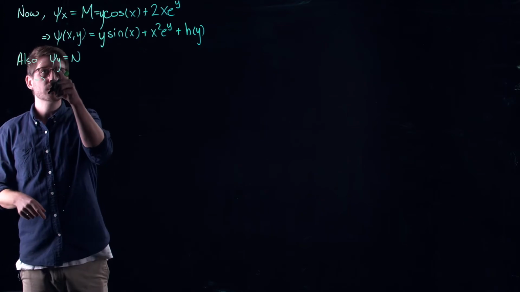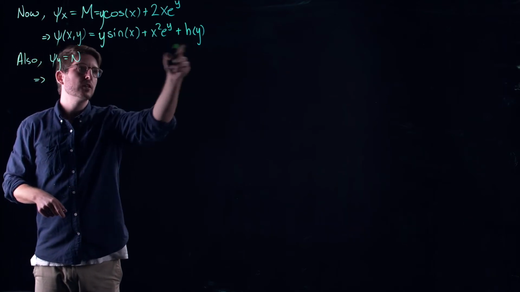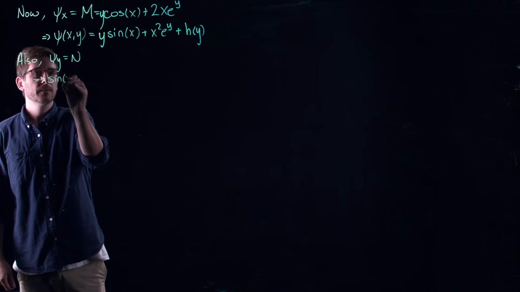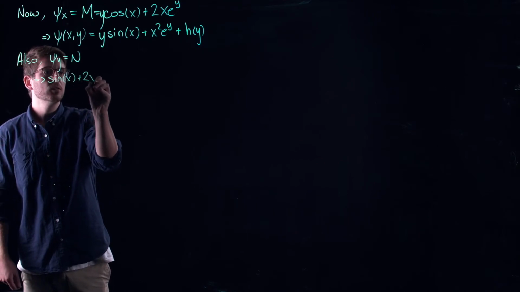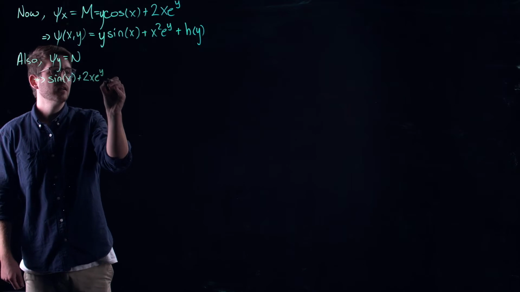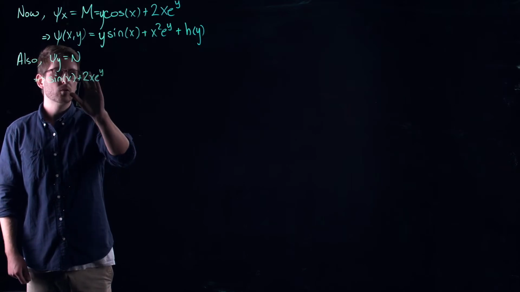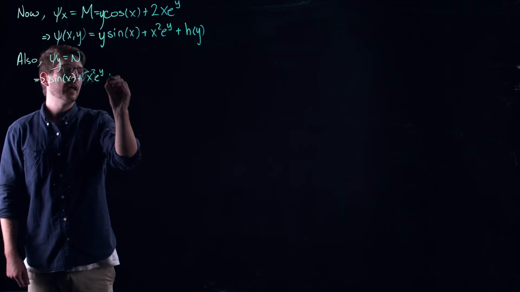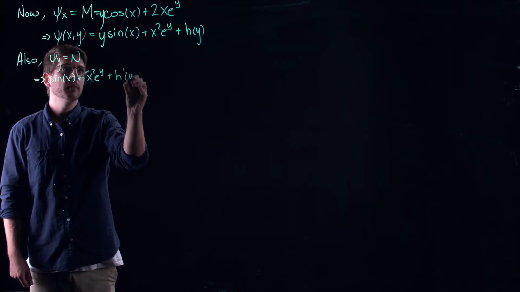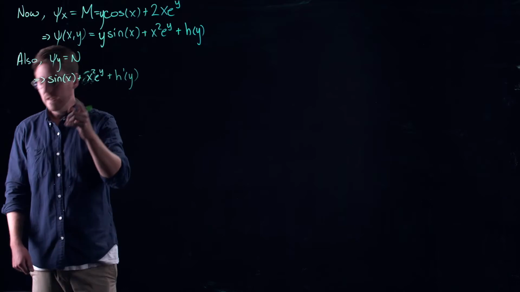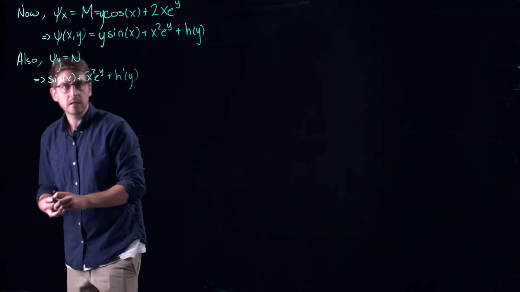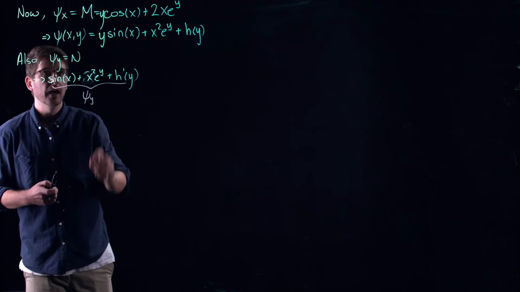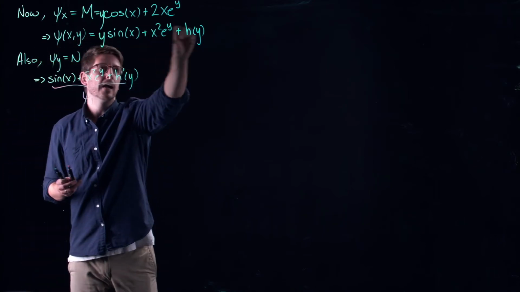When I take this partial derivative of psi with respect to y, I get sine of x plus 2x e to the y, plus x squared e to the y, and then plus h prime of y. That's psi sub y.